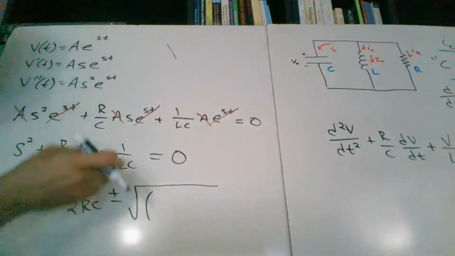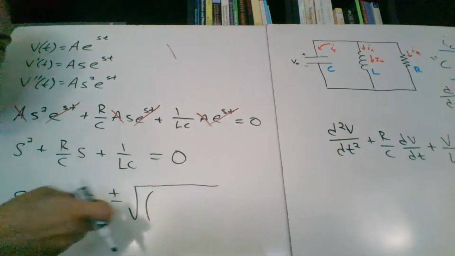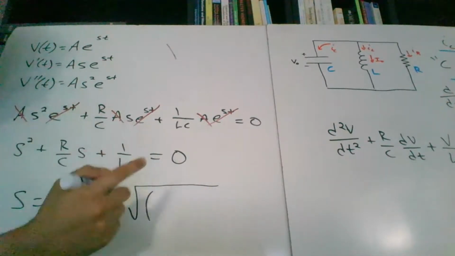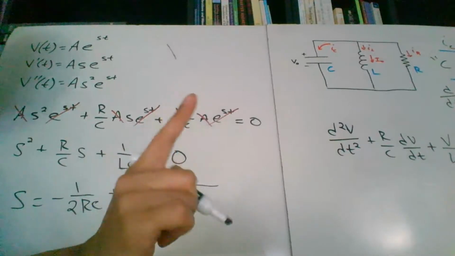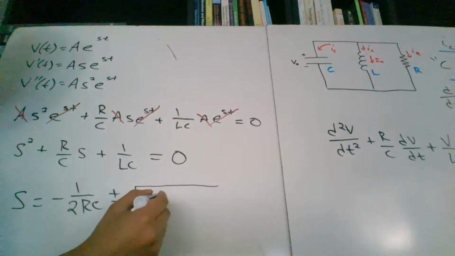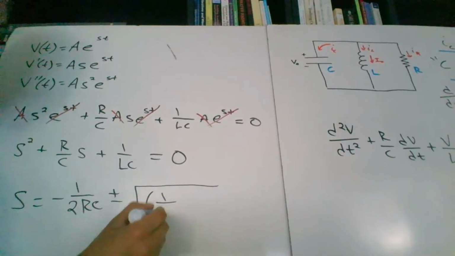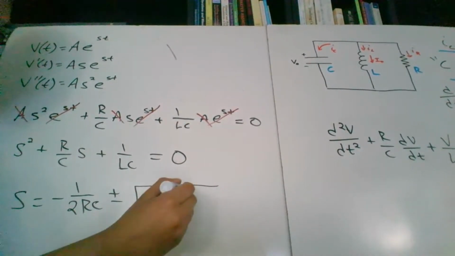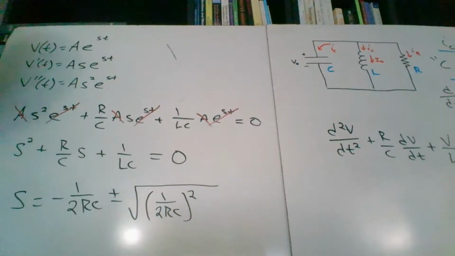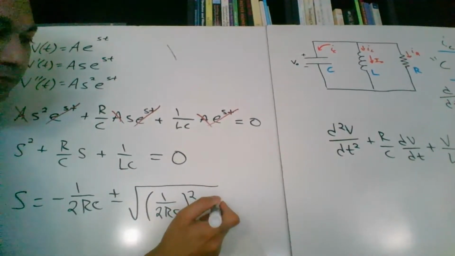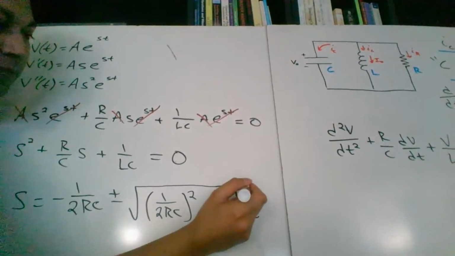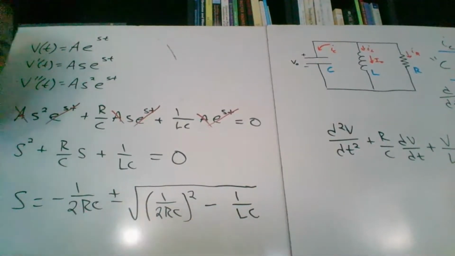We're going to get to that. This is the characteristic equation. We're going to find the determinant right now. So the determinant is actually what we're going to be doing in just a second here. So just hold with me for one moment. So over here we have 1 over 2 times RC squared minus 1 over L times C. And this is the determinant that you're after here.